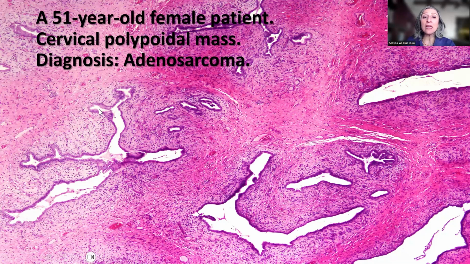There is a benign glandular proliferation surrounded by, cuffed by spindle cell sarcomatous proliferation that is usually of low grade and not of high grade. Scattered mitotic figures can help to support the diagnosis. Immunohistochemistry is not of major importance in rendering the diagnosis.